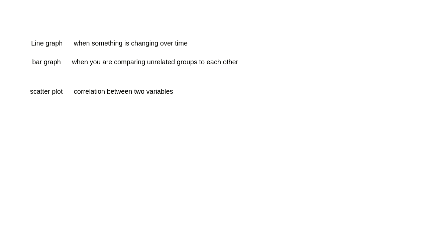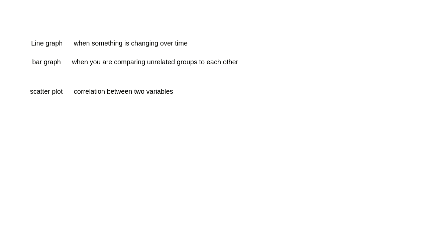I just wanted to make sure you had this information. These are the three types of graphs that you might want to choose. Line graph, you know really well. When something is changing over time, like the puppies that grew during those 14 months, that was data that was good to use a line graph for.